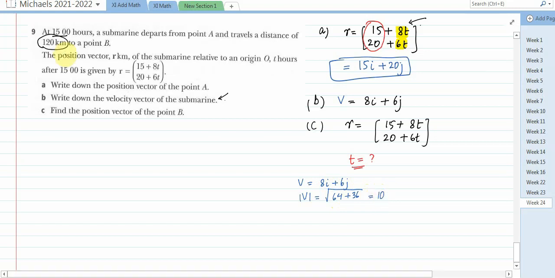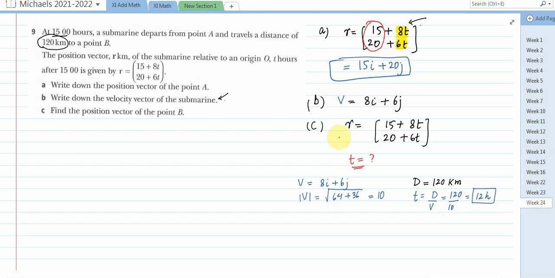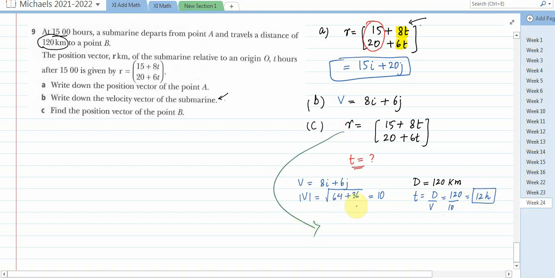Displacement is given in the question and it's 120 kilometers, right? So now it's very easy for me to find out the value of time here. So time is what? Displacement over velocity means 120 divided by 10 is equal to 12, and 12 is your time.